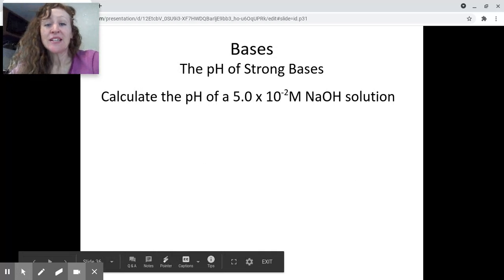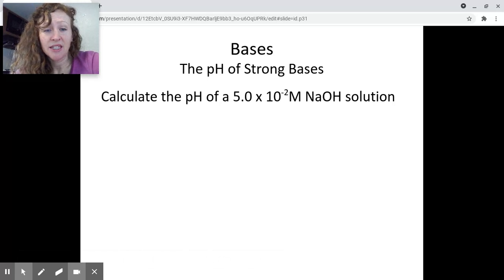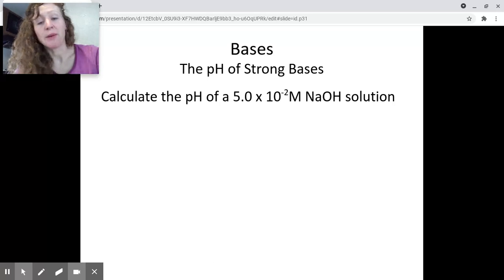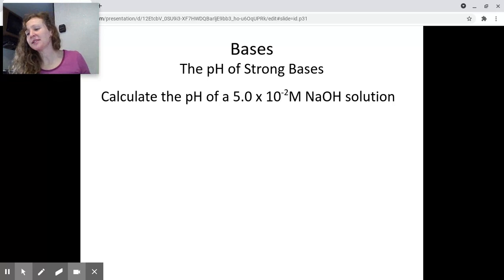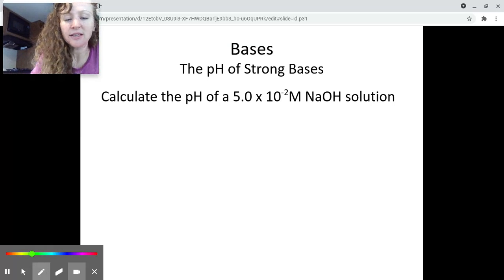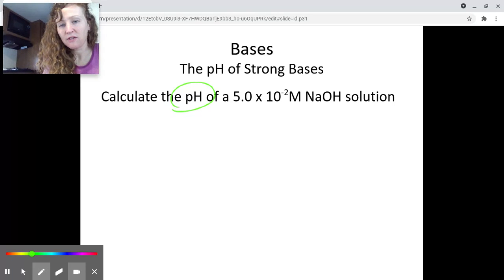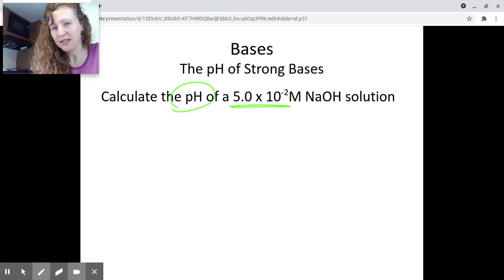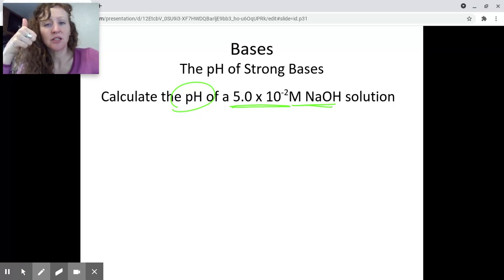Okay, so just like strong acids, we can calculate the pH of very strong bases as well, and this happens in very similar ways. So let's do this example. Calculate the pH of a 5 times 10 to the negative 2 molar sodium hydroxide solution. Just like acids, we're going to set up the reaction, the K, the ICE chart, right?